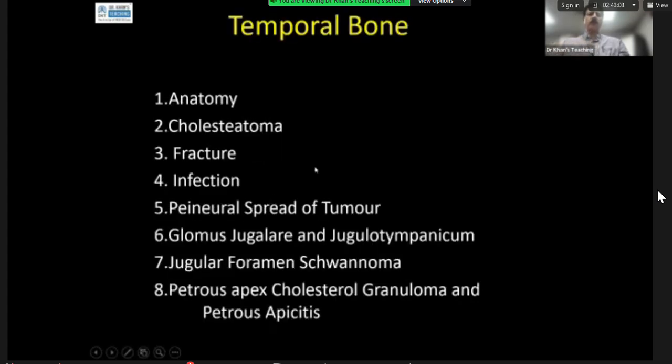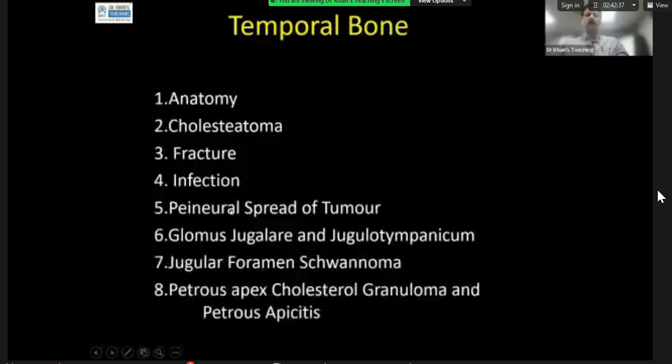So whatever we are going to cover today is anatomy. Most of the session is going to be anatomy. Then pathology-wise, we are going to see classical exam cases, and as I've told you, we will confine ourselves to FRCR level. Then cholesteatoma, an extremely important subject, fracture, infection, perineural spread of tumor.